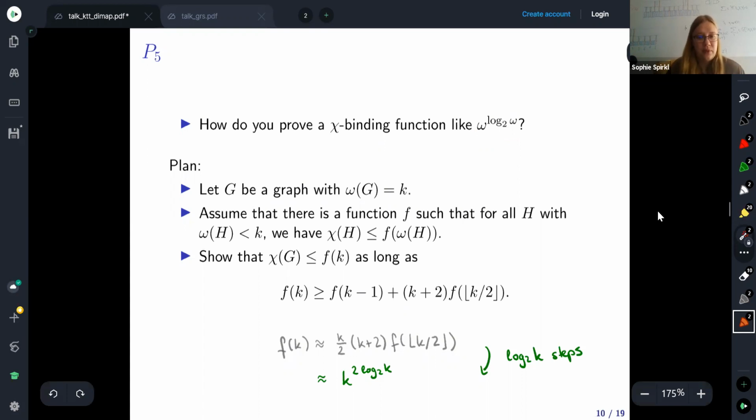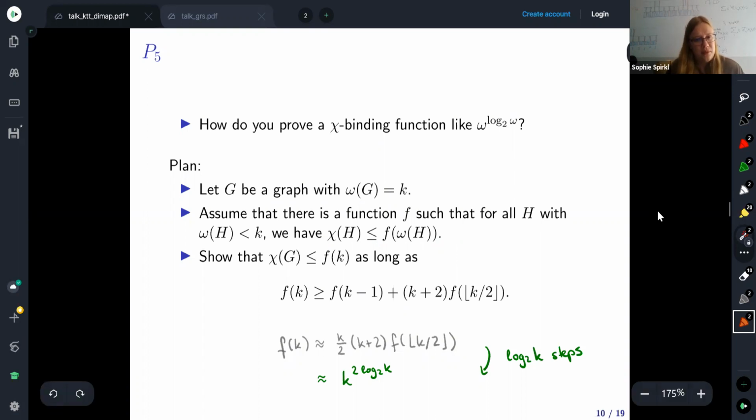So during the proof, we're assuming we have a graph with clique number k, and we're assuming that there's a function f such that for induced subgraphs H of G, if their clique number went down, then their chromatic number is bounded by f of their clique number. So we're proving it by induction on clique number.